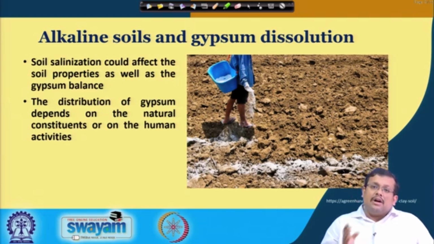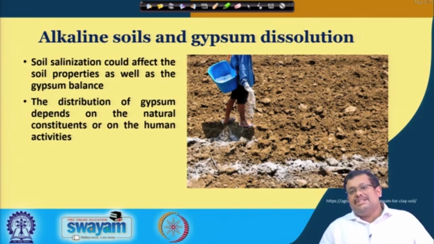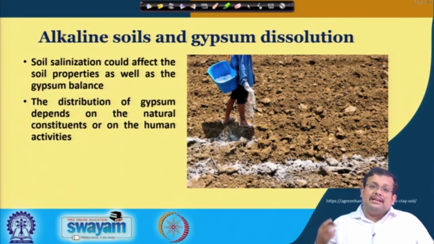Generally, to counteract the ill effects of alkaline soil, we apply gypsum. The calcium from the gypsum can replace the sodium in the exchange complex, and as a result the clay starts to flocculate, forming the aggregates.